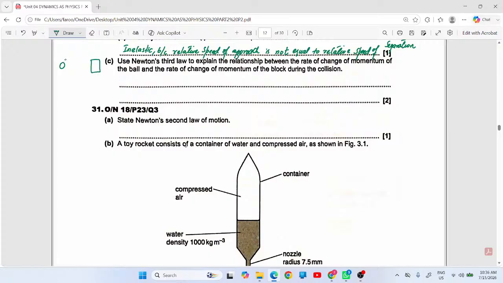The ball exerts a force on the block, and the block exerts a force on the ball. The forces are equal but opposite in direction, so there will be equal changes but in opposite directions.